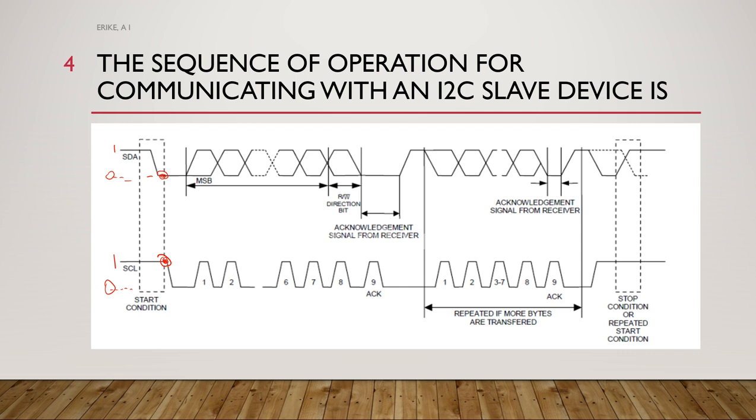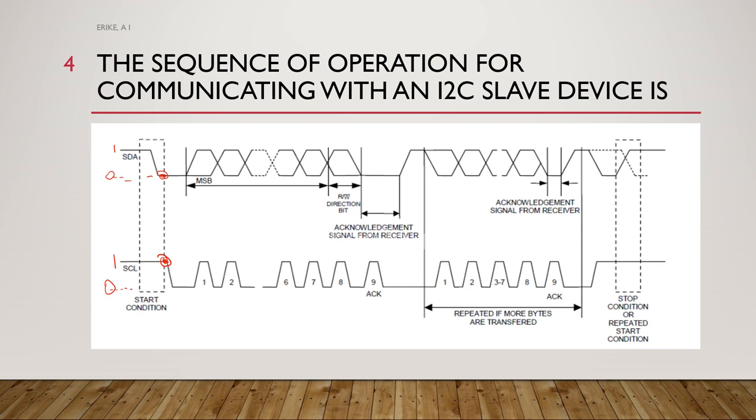The master waits for the acknowledgement when it has sent the 7-bit or 10-bit wide signal or message to the slave. He will wait for the acknowledgement bit from the slave device whose address is sent on the bus.